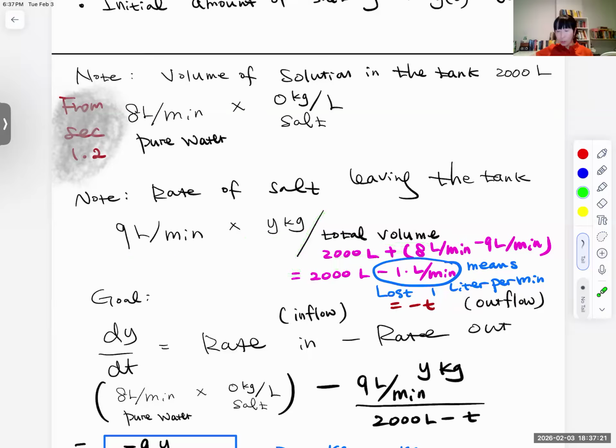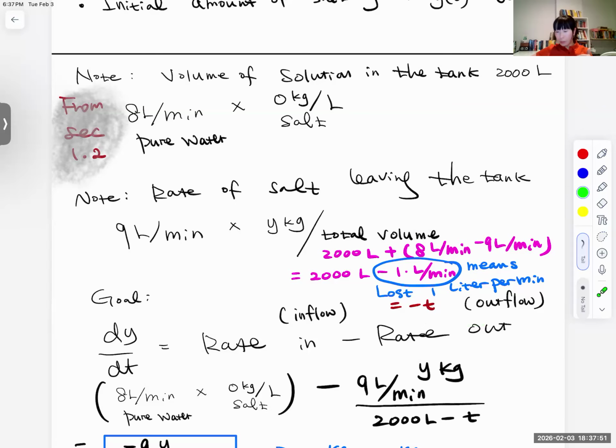The total volume is 2,000 liters plus 8 liters minus 9 liters. 8 minus 9 is negative 1 liter per minute, so there will be negative t there.